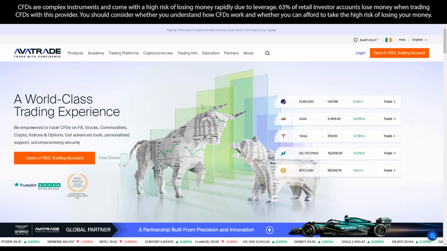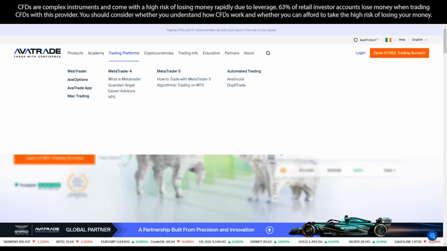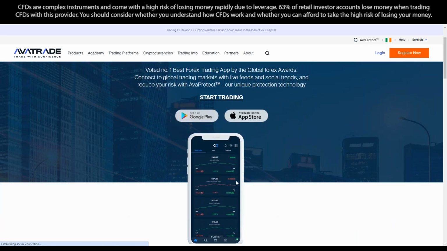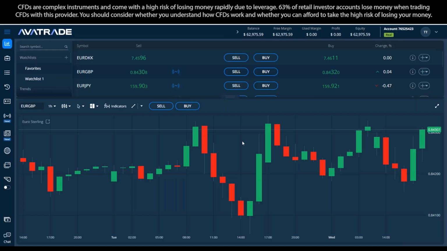Our app can be found in the major app stores. You also can find links to the app stores here on our website. And all of the features that we go over in the web trader are also available in our app. Now, if you log in here in the upper right corner, we'll be in the web trader.